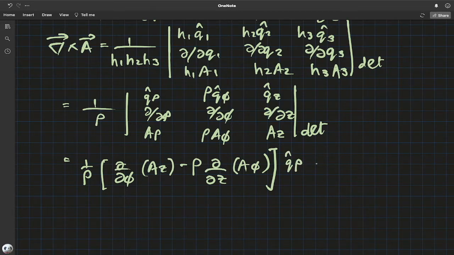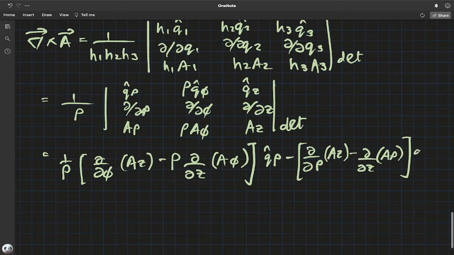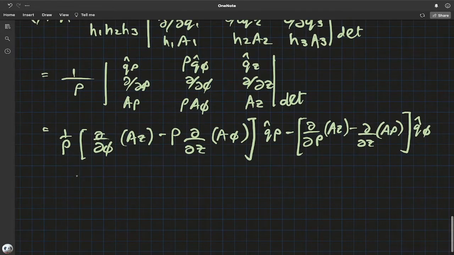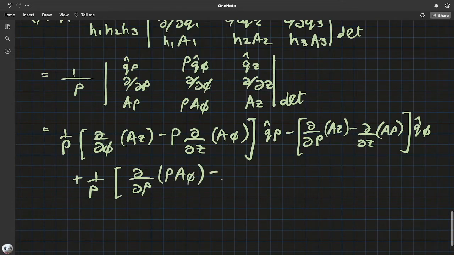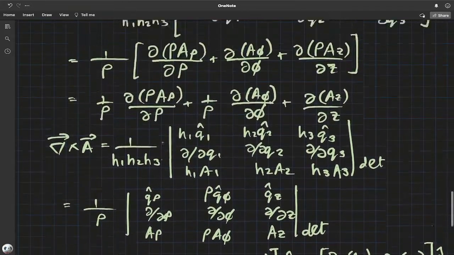That's q sub rho hat, minus partial with respect to rho of a sub z minus partial with respect to z of a sub rho, q sub phi hat, plus 1 over rho partial with respect to rho of rho a sub phi minus partial with respect to phi of a sub rho, q sub z hat. So this big expression is for the curl of A.